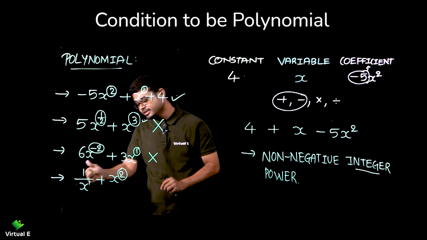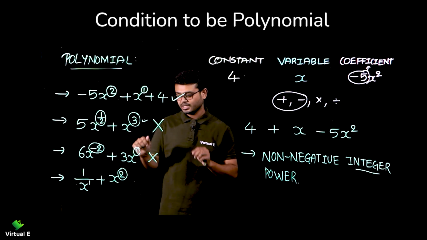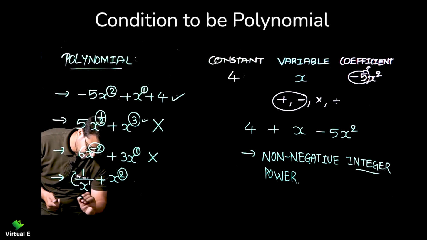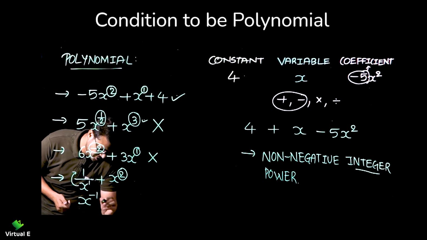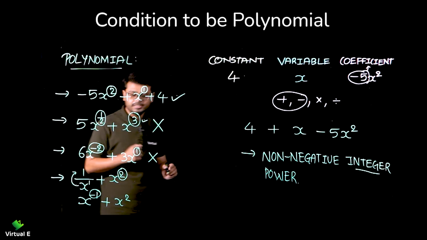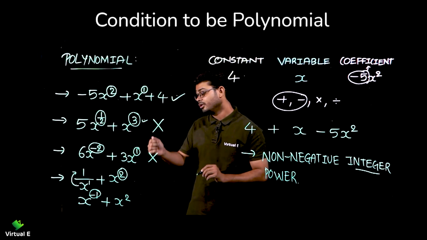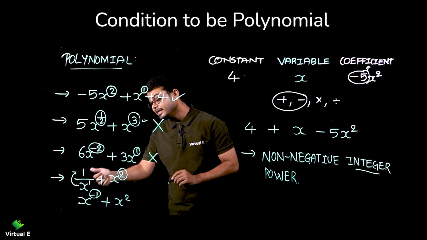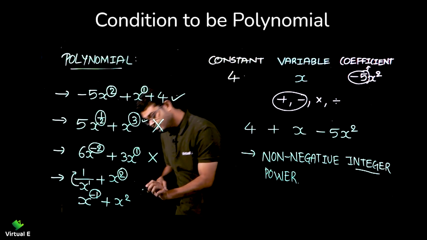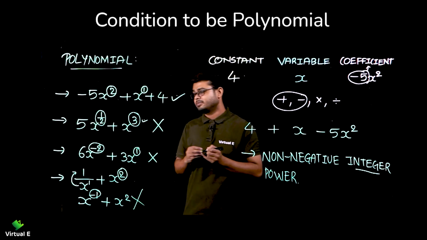You must be thinking that 1 is there in the positive power, right? But if you write it in the numerator, that will be x raised to minus 1 plus x square. Now, what power are we getting? We are getting negative power. But what do we want? Non-negative integer. So this is also not accepted.